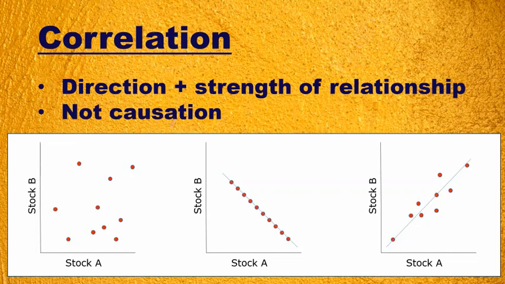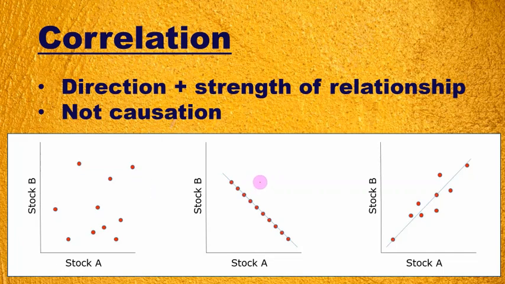Okay, let's look at some examples. So in this chart over here, there is basically no correlation at all between these two stocks because these dots are scattered all over the place. You couldn't really join a credible line here.